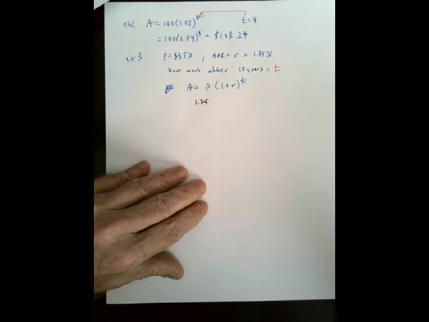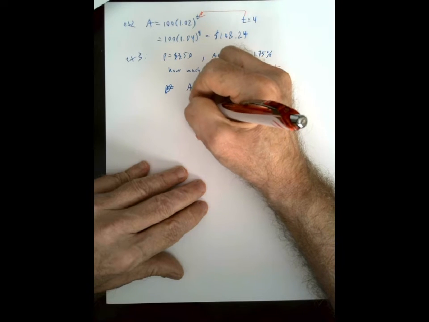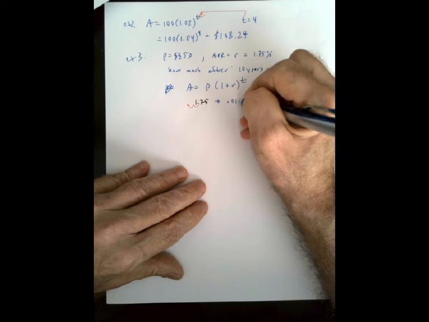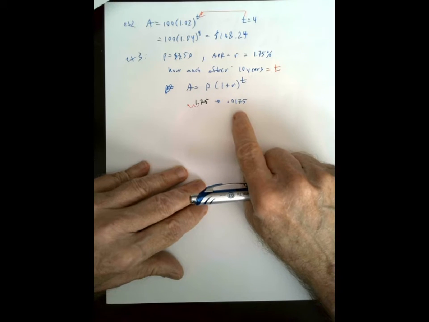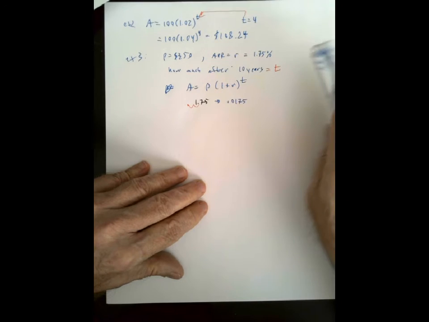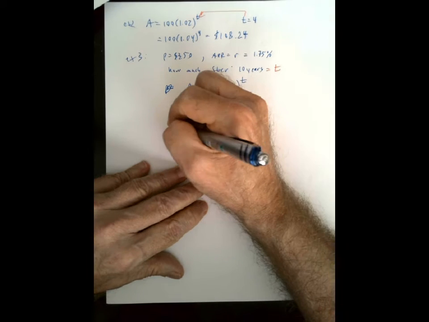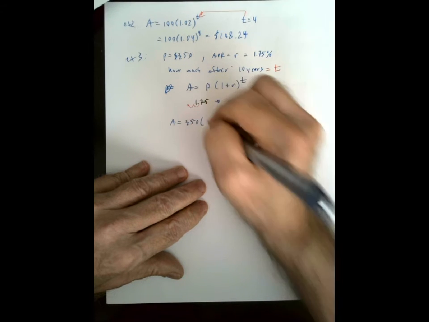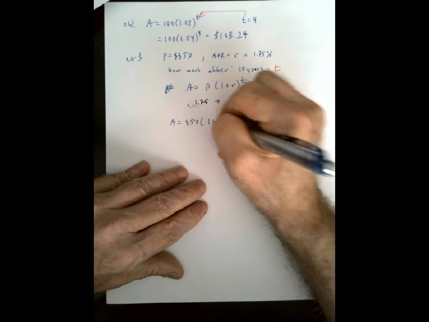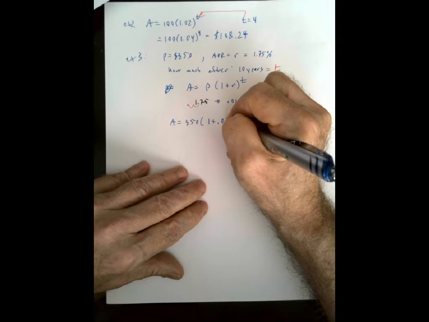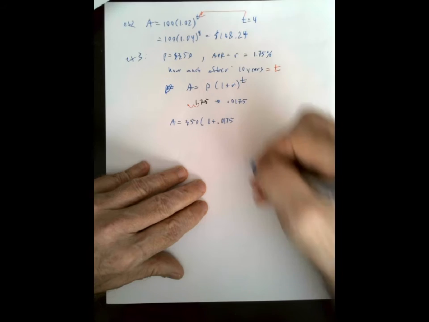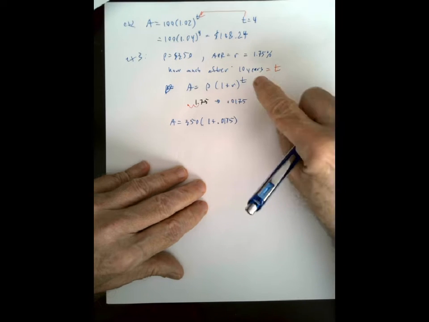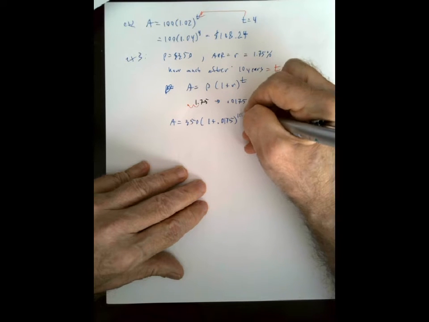1.75, right? I move the decimal point 2 places, and that gives me 0.0175. That's the number that we're going to put in for R. So A is equal to 350 times 1 plus 0.0175, which is 1.0175, to the t power, but t is equal to 10, so I'm just going to write 10 in.